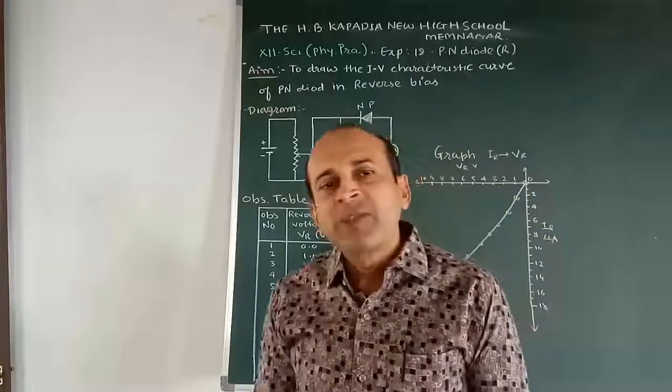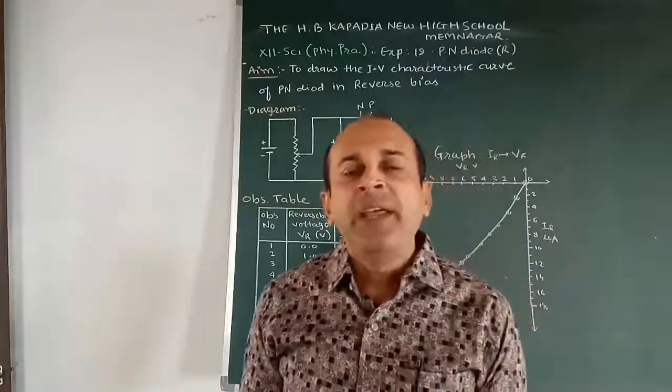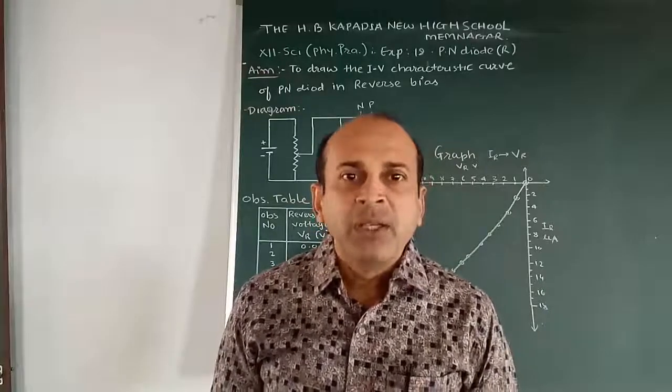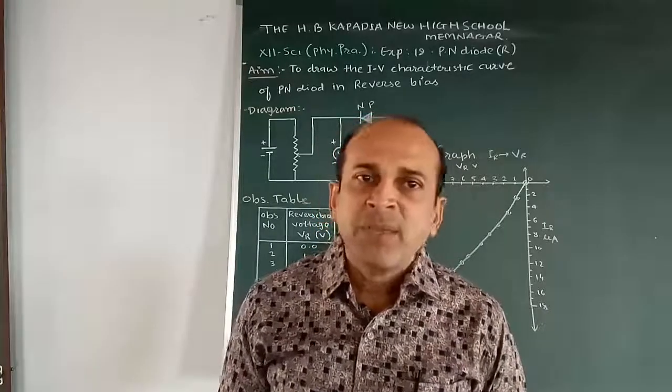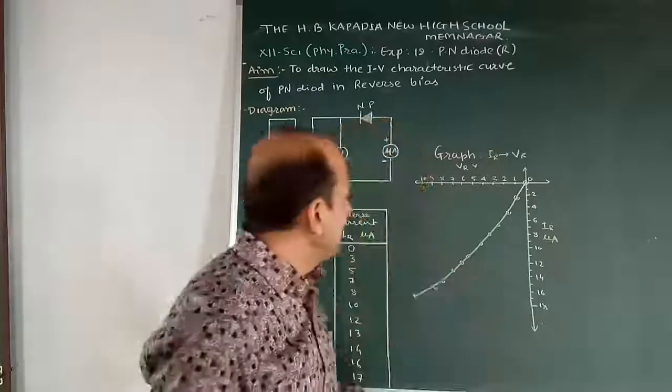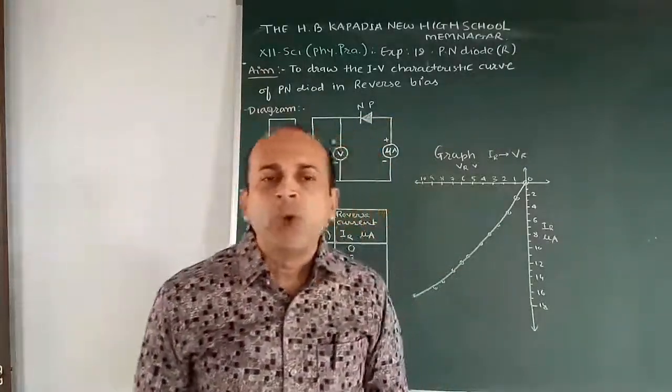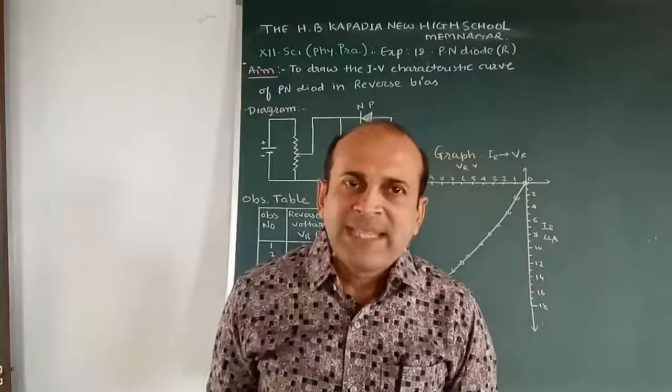In reverse bias we can find the resistance of the diode at any voltage. So let me find the resistance of this diode in reverse bias at, let us say, 6 volts.